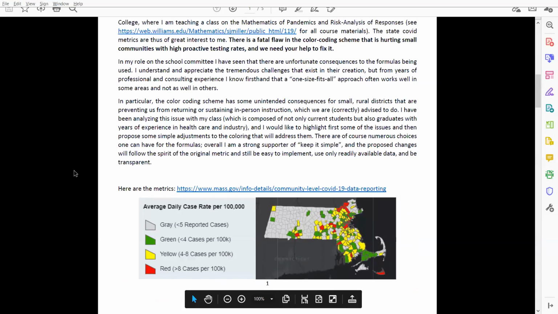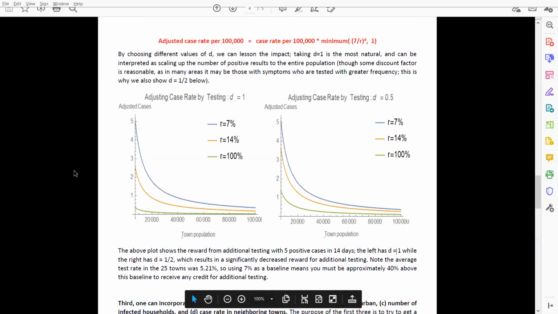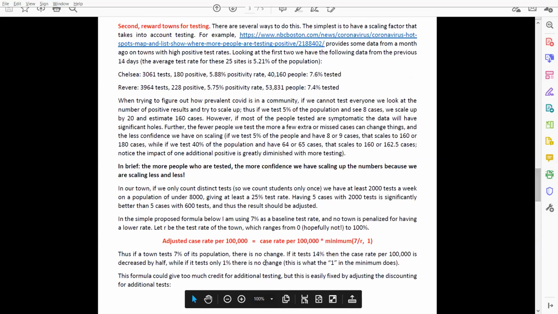And so I talk about some of the proposals, and the one in particular that I have sent them was basically, well, the simple version is to just take the case rate per 100,000 and multiply by the minimum of 7 divided by R, and 1. And so we'll assume each town tests at least at the 7% level.